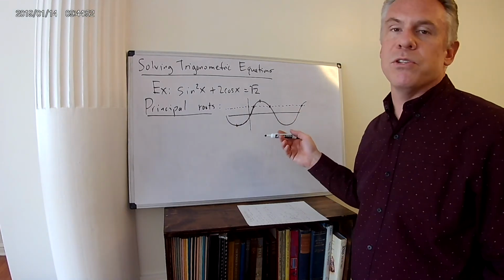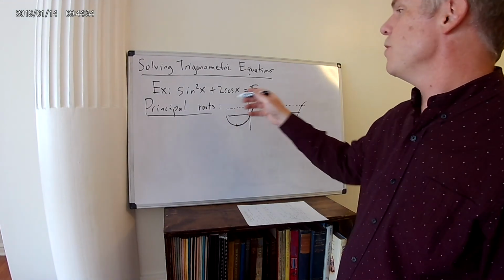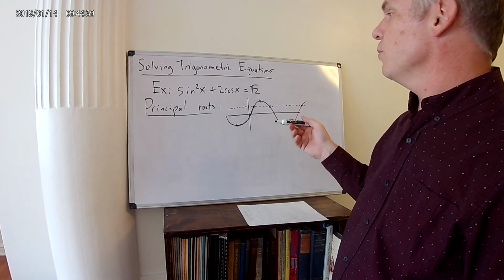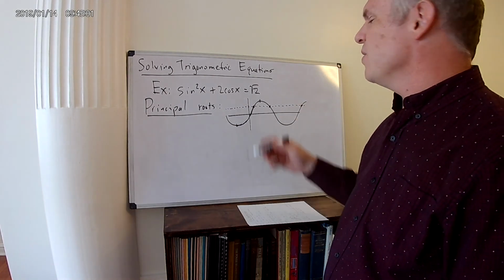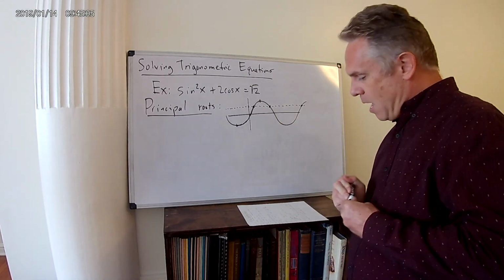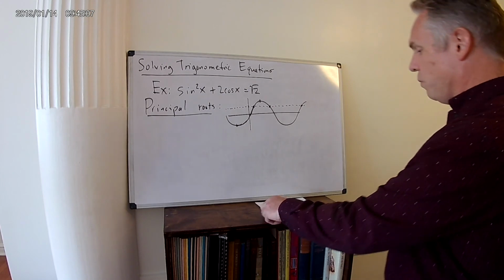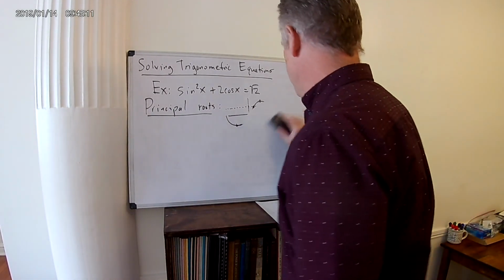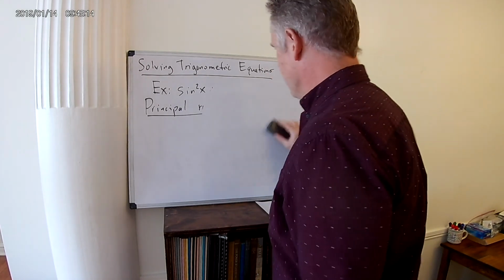I think this will make more sense when we do some examples, but basically there are many different solutions to trigonometric equations. We want to find the particular solution that's the principal root. It's the simplest solution, and then the other solutions follow naturally from that. Today we're going to do 5 examples of solving trigonometric equations.